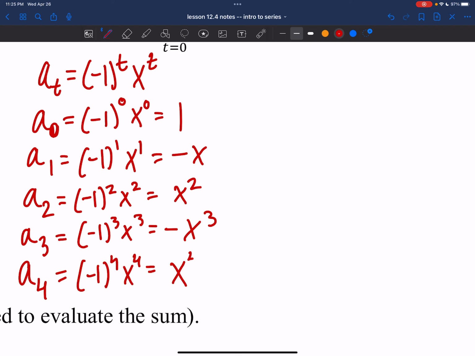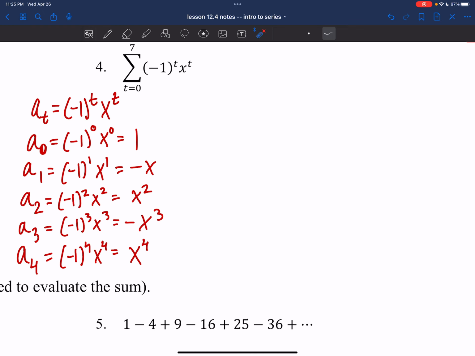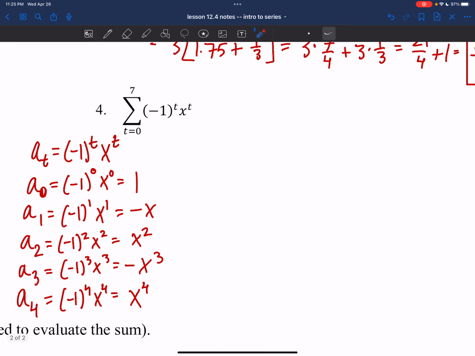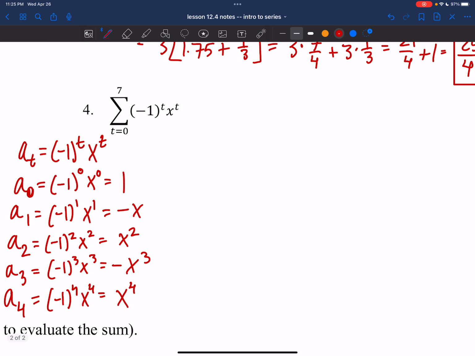That's positive x to the 4. So what's happening to the signs here? This one's positive, then negative, then positive, then negative, then positive. We call this an alternating series because it alternates between positive and negative every term. And it's defined by this -1 to the t. That's what creates the sign flipping.